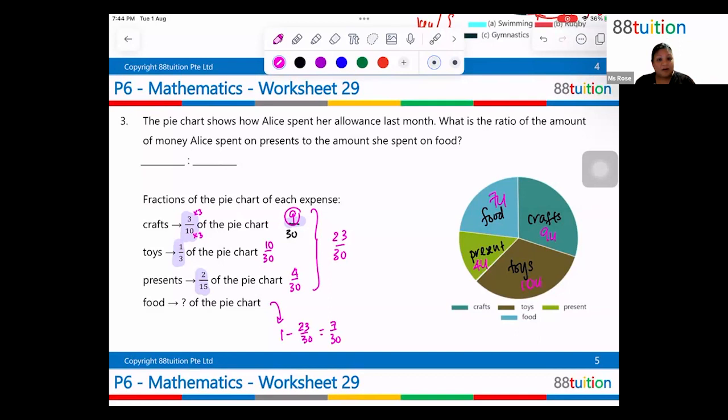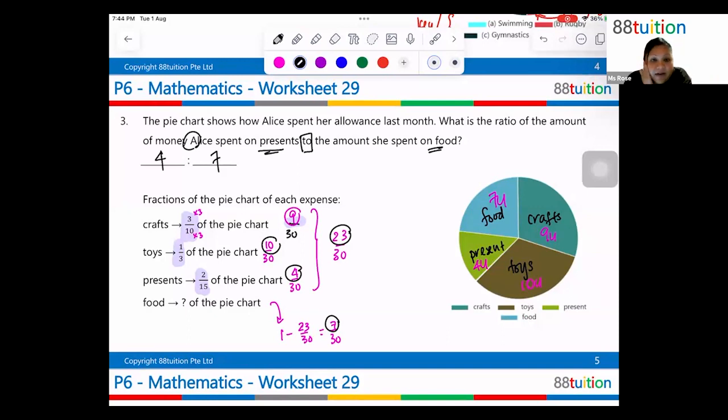I can do that because now I only need to look at the numerator, since I've already made the denominators the same, right? So now, the question says, what is the ratio of the amount of money Alice spent on the presents to the amount of money she spent on food? So presents is 4, food is 7.